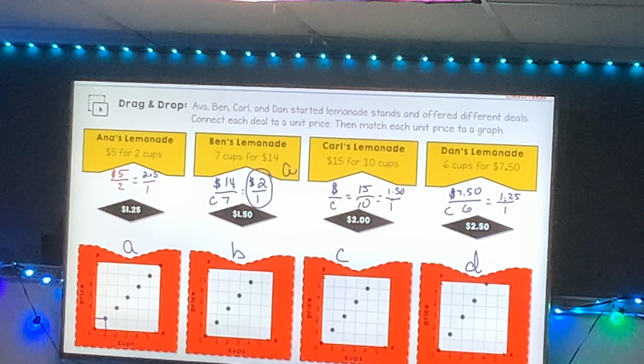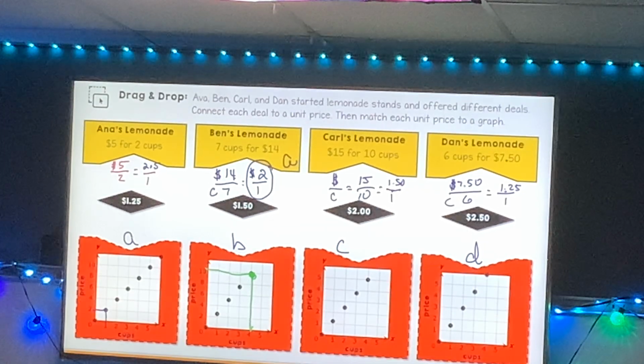Now, I cannot look at 1 cup on B because it's in the middle and we're not going to guess. We're going to find that pretty point. And the pretty point is up here at 10. So we have 4 cups for $10. Well, none of those say that.